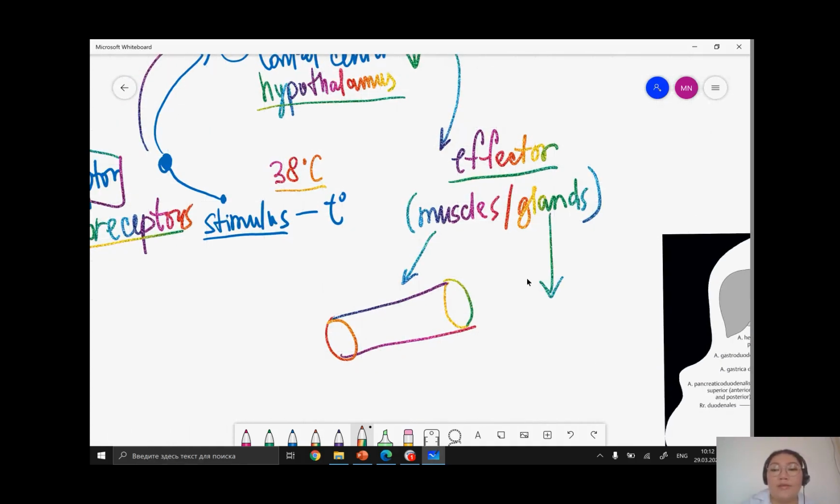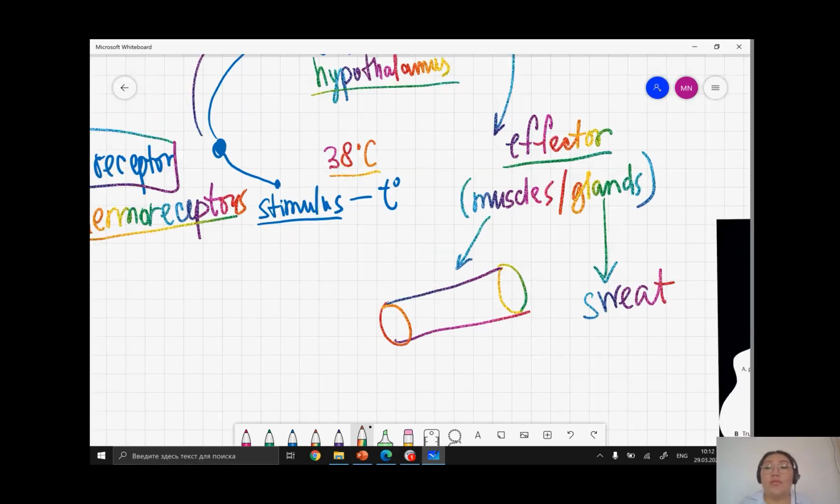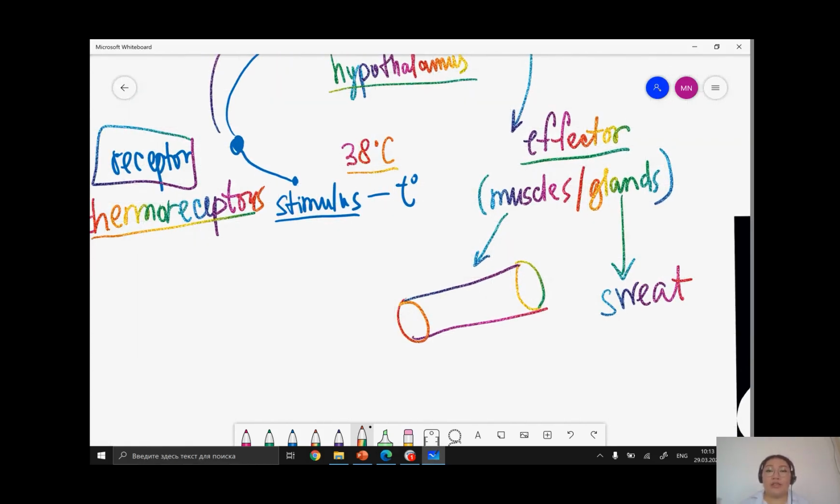And the glands, in our particular case, are sweat glands. Sweat glands will eject the sweat, and the sweat, you know, is fluid, it's water, and it will evaporate from the surface of the skin, and that's how we can decrease our temperature. That's the mechanism.